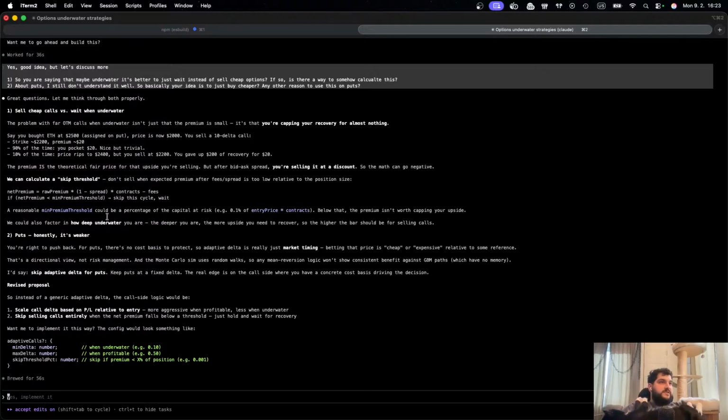The premium is theoretical, a fair price for that upside you're selling, but after bid ask spread, you're selling it at a discount, so the math can go negative. You can calculate a skip threshold. Don't sell when expected premium after fee and spread is too low relative to the position size.